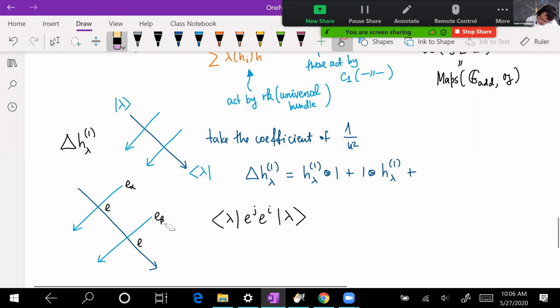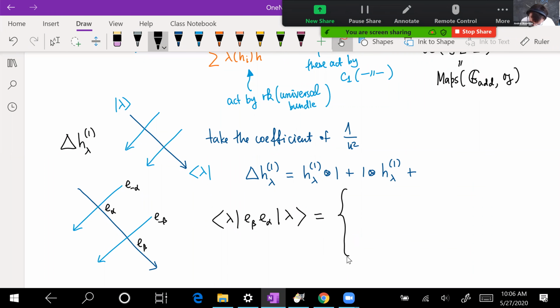So I need to compute, with E minus alpha here, beta there, E minus beta there, E beta E alpha acting on the highest weight. And we know right away that this is going to be 0 most of the time.